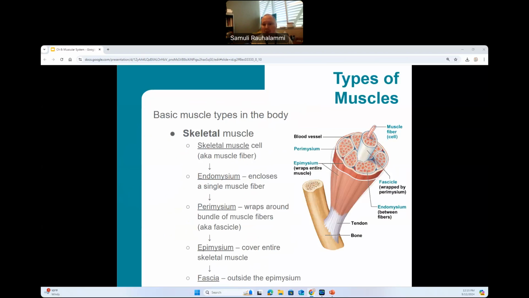We're going to see endomysium, which encloses a single muscle fiber; perimysium, which wraps around a fascicle of muscle fibers, also known as a bundle of muscle fibers; epimysium, which covers the entire skeletal muscle; and finally fascia on the outside of the epimysium. It is worthwhile to notice here that epimysium turns into the connective tissue attachment to the bone, and those were, of course, our tendons. Tendons are mostly collagen fibers, often cross-linked, and they are tough and small in size.